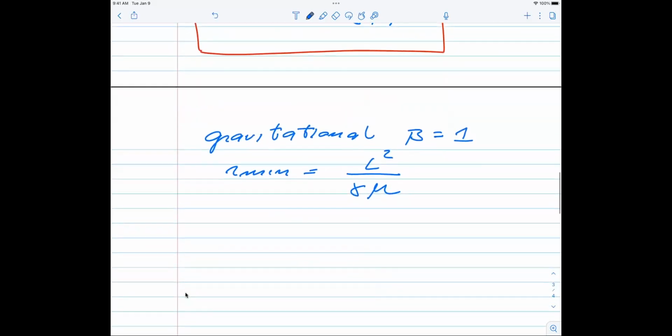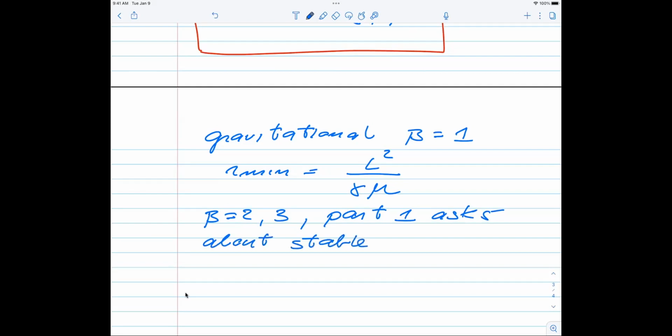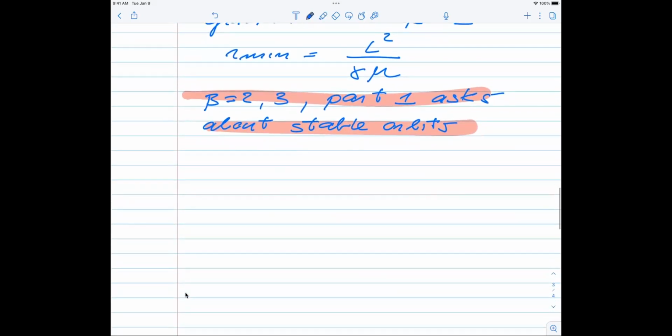We are coming back to that. So I'm going to highlight this one for beta equal 2 and 3. So part 1 in the midterm asks about stable orbit and not. So this is something we will come back to. So let's just highlight that one. This is going to be one of the explicit questions.